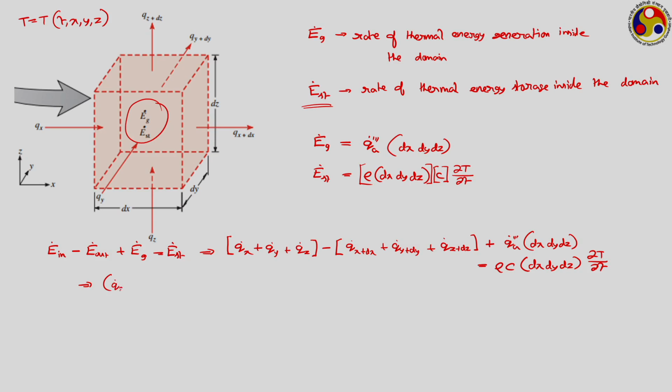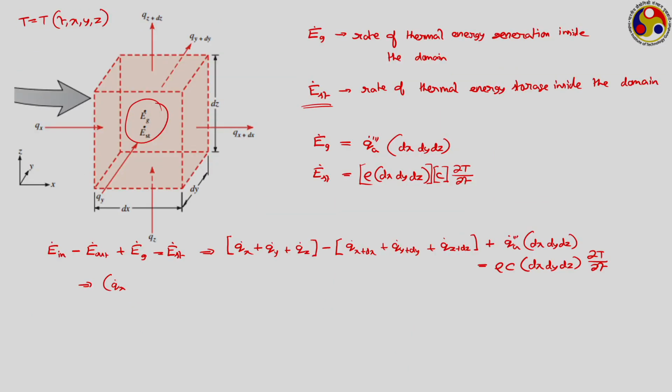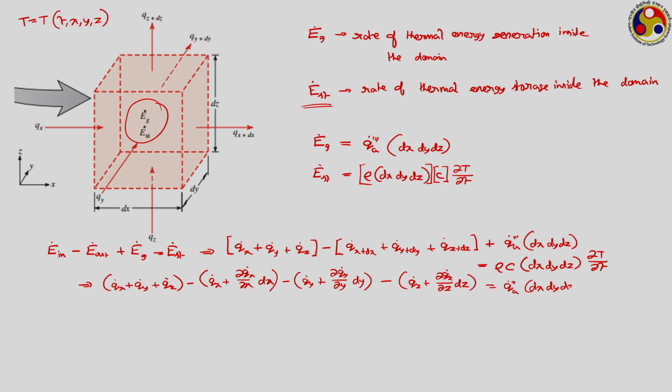Now, if we put the expressions for the three components that we wrote in the previous slide, that is these three expressions, then we have on the left hand side q dot x plus q dot y plus q dot z minus q dot x plus dou q dot x dou x dx, this is for the q dot x plus dx, q dot y plus dy becomes q dot y plus dou q dot y dou y dy, minus q dot z plus dz becomes q dot z plus dou q dot z dou z dz, and that is equal to the two terms, they remain as it is dx dy dz.